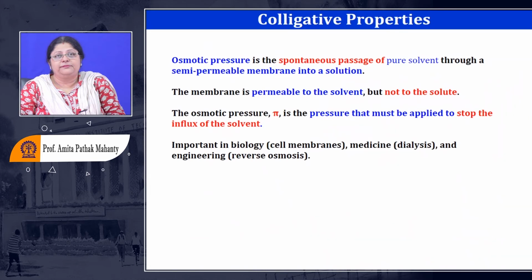Osmotic pressure pi is the pressure that must be applied to stop the influx of the solvent into the semi-permeable bag which we have taken. Why is it important? It is important in medicine because it is what is being done when we are doing dialysis. What is done in dialysis is something very similar to it.